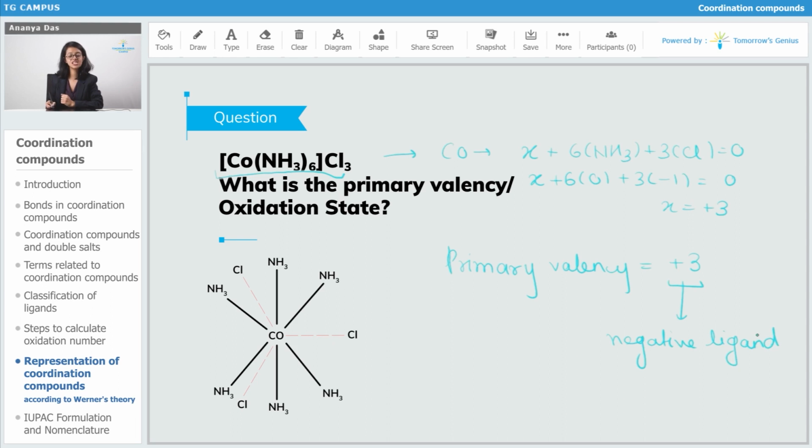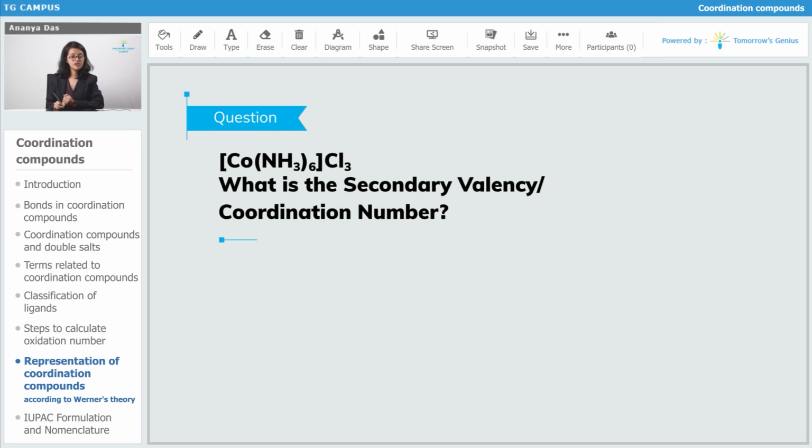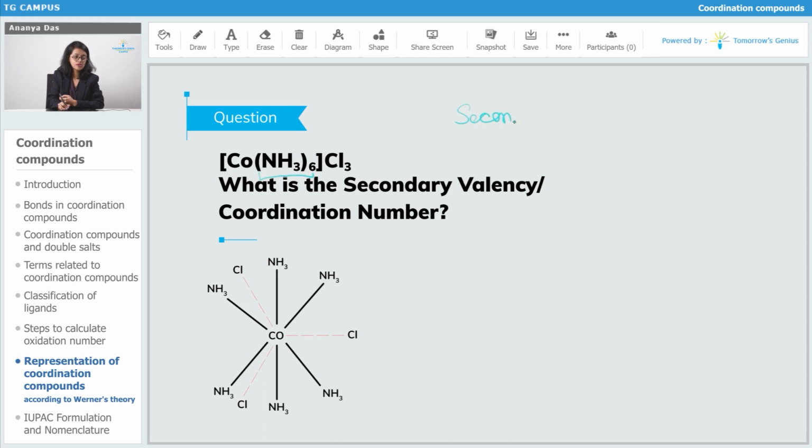Now let's look at the secondary valency. What is the secondary valency of this complex? The secondary valency is the coordination number, and it is evident because there are 6 ammonia present within the coordination sphere. So the secondary valency of cobalt is 6.